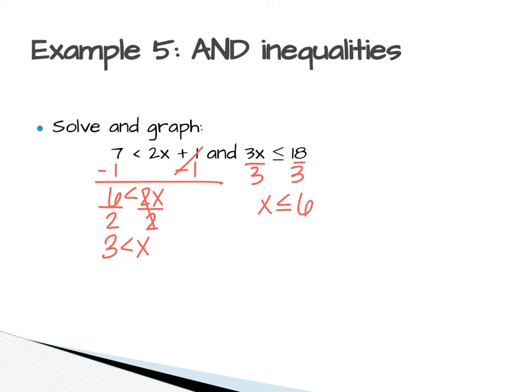So what we're going to do is graph these. We'll put the lower one on the left and the higher one on the right, and we only want to shade where both of the inequalities are true. So we want to shade the numbers that are greater than 3 and less than or equal to 6.